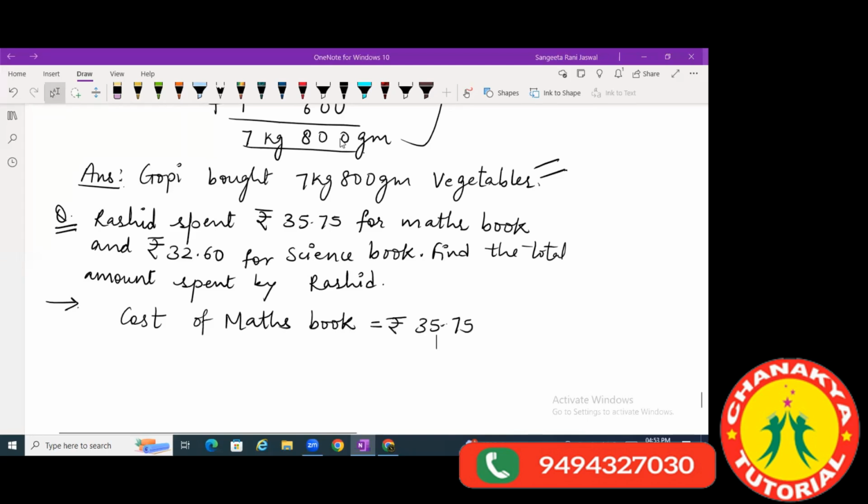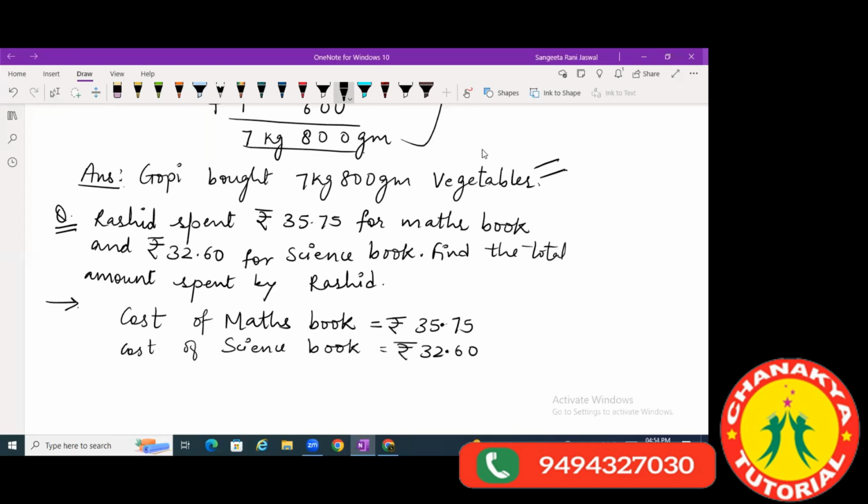Ma'am, cost of science book is equal to 32 rupees 60 paise. Very nice. So cost of science book is equal to rupees 32.60. This is decimal point.